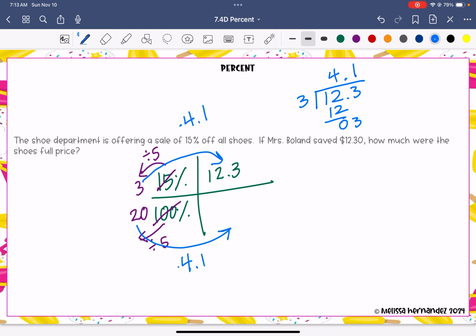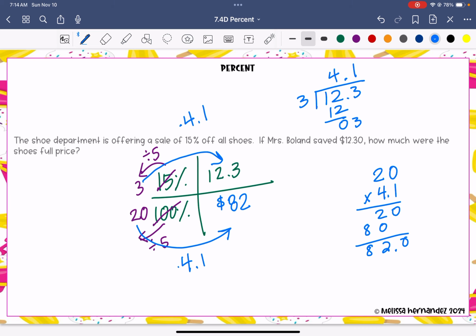So we already know we don't have to line up decimals. So this becomes 82. So the shoes at 100% were $82.